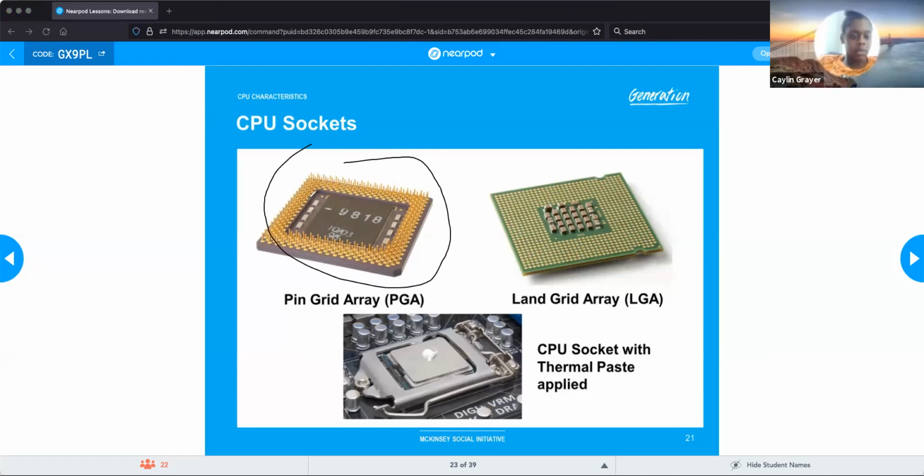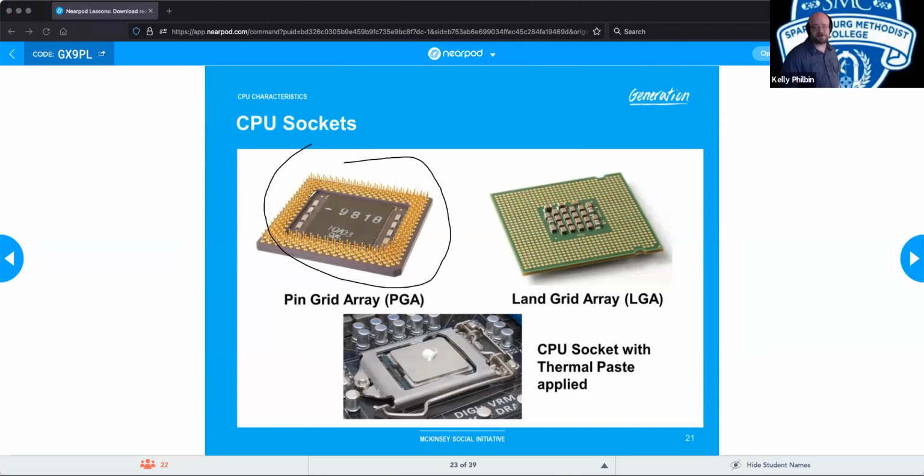Is it Intel? Do we agree? No. Okay. It's a 50-50 call. It is AMD. Why do we know it's AMD?